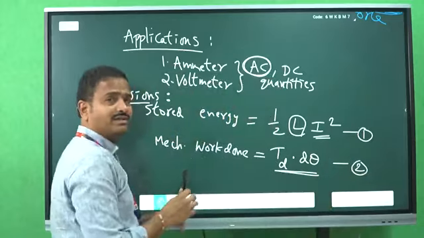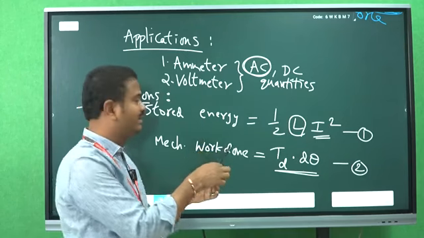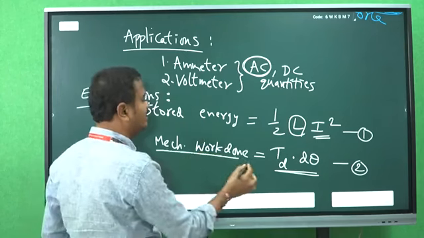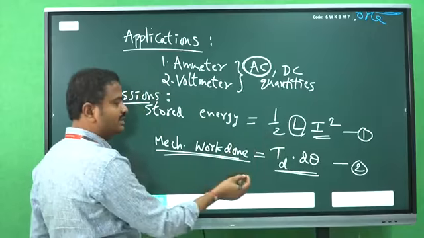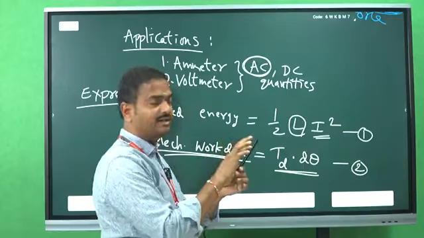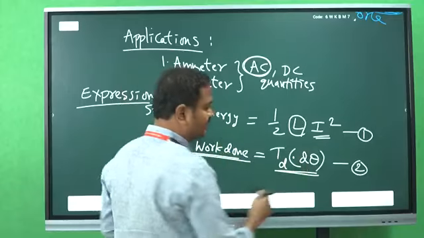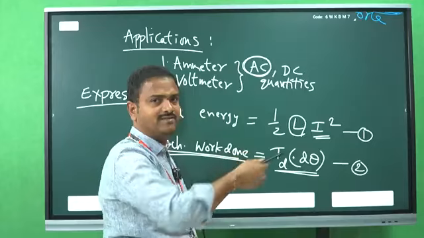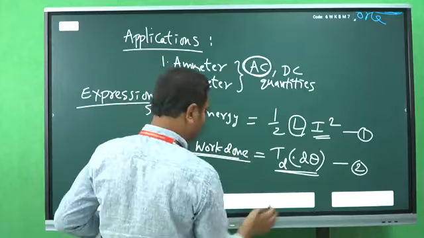Whenever the pointer represents some value on the scale, mechanical work is done, then only the pointer moves. So the mechanical work done is the deflecting torque exerted on the pointer multiplied by the change in angle of deflection from zero position to final value.